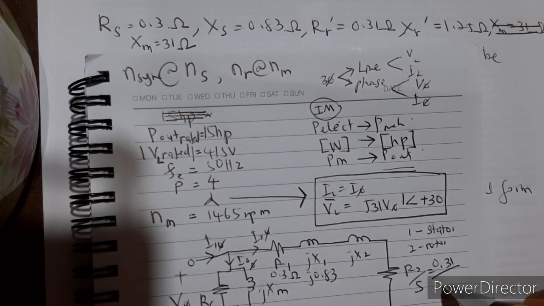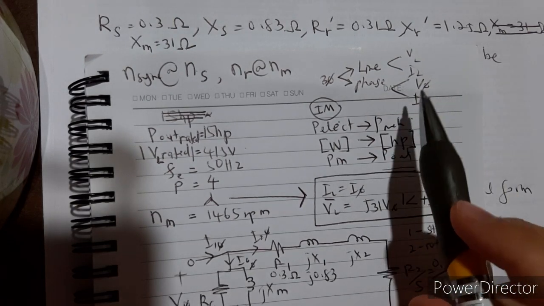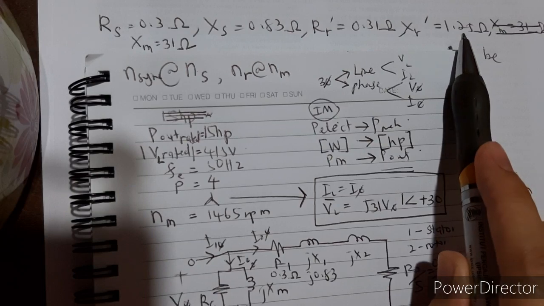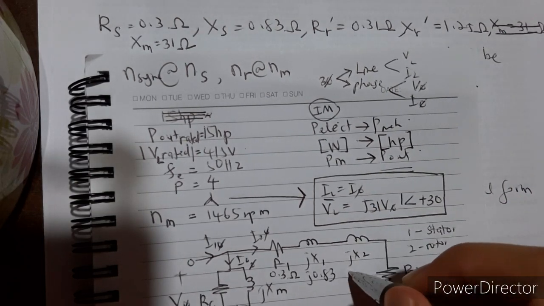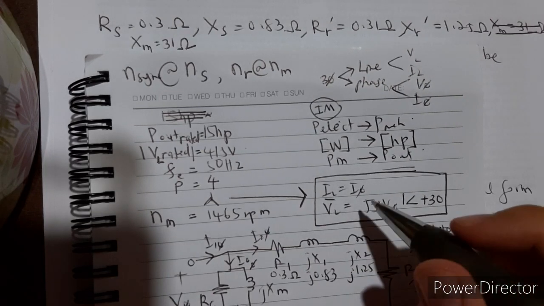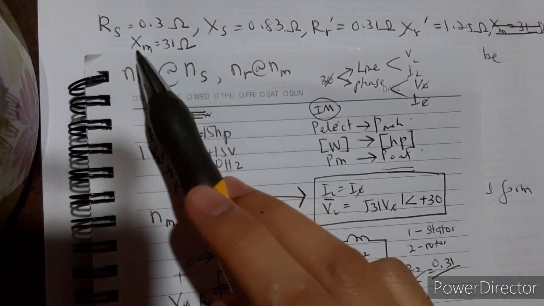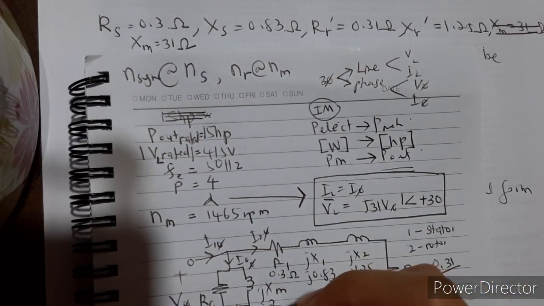But we don't know yet what S is, so leave it blank first. Then we have XR, which is equivalent to X2, equal to 1.25, so this is j1.25. What else? Also given is XM 31.